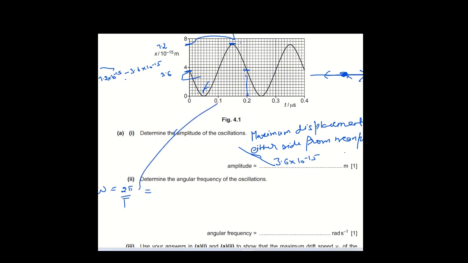So it will be 2 into 3.14 divided by 0.2 into 10 raised to power minus 6. On solving this, you will get 31.4 radian per second, or you can write it will be 31.4 into 10 raised to power 6 also. Let me correct this, here it is minus 6. You can write 3.1 into 10 raised to power 7 radian per second.